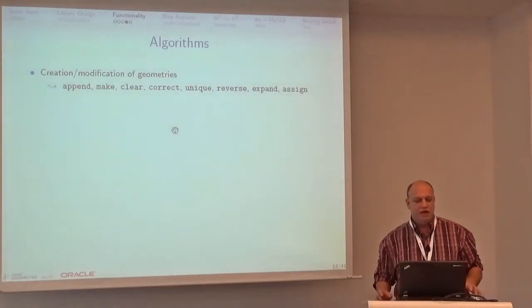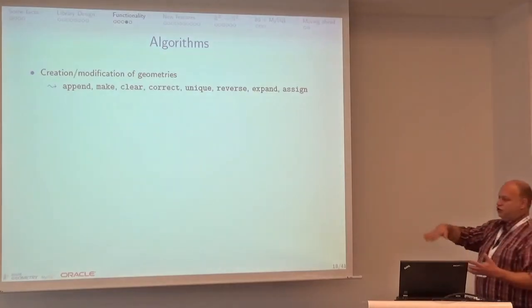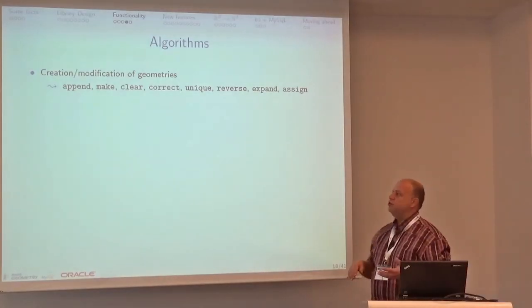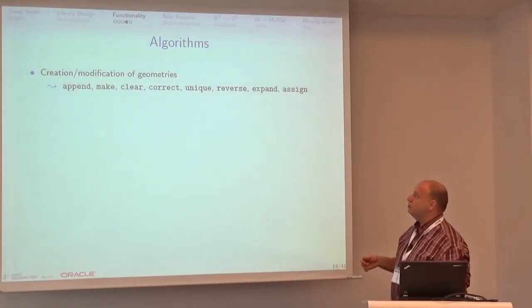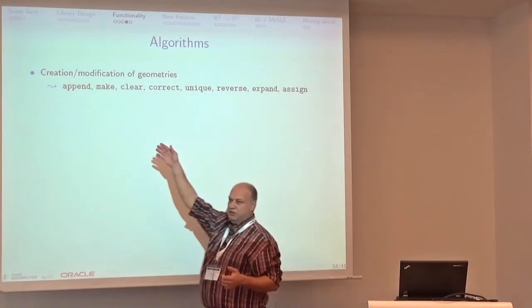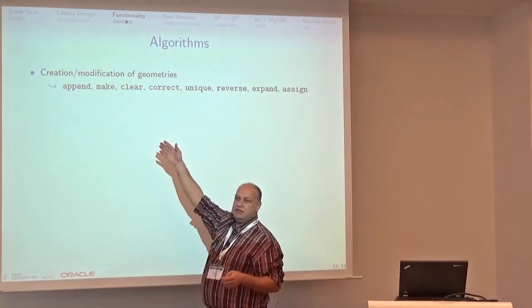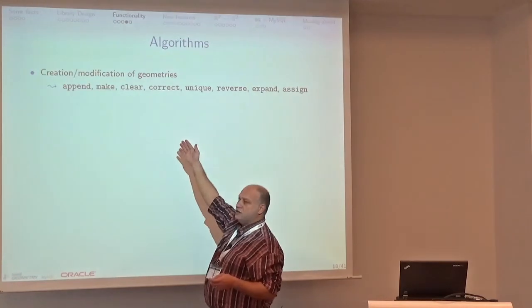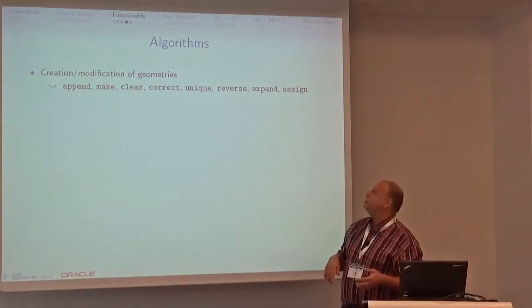What else? We have a lot of algorithms, and I tried to summarize them in different categories. So we have algorithms for creating and modifying geometries. Here you would see append, which basically says, add one more point to my existing geometry. Make is just a creation thing. Clear says, just throw away everything that I've put in my geometry, all the points in there.